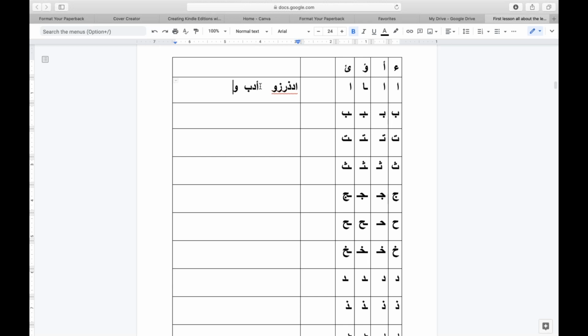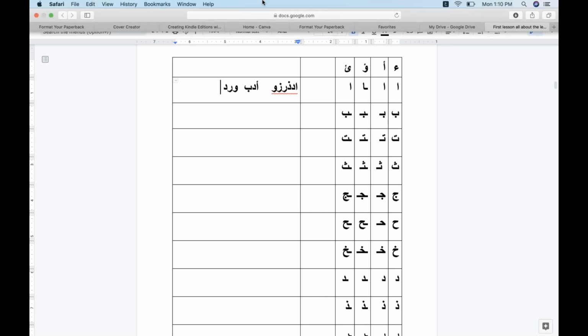Or the word ward, which means flower, or wurud, which means flowers, plural. So you see, these words are built by letters that cannot attach to the letter coming after them.